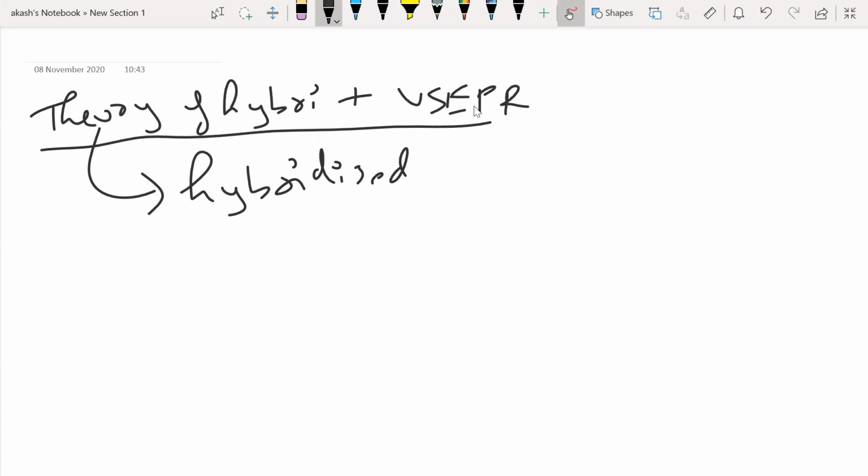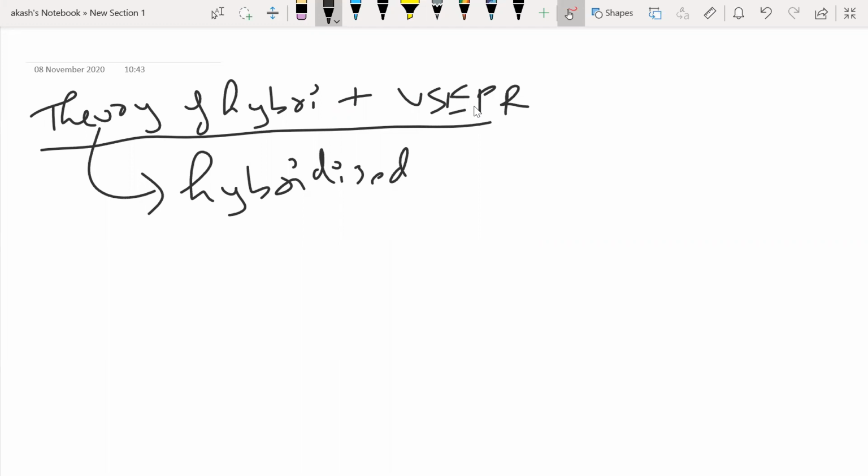Basically, these hybridized orbitals are formed when two or more atomic orbitals, pure atomic orbitals, come together, isn't it? Now, it's not like any two atomic orbitals can come together. The only condition is that the atomic orbitals which come together to form the hybridized orbital should be of almost similar energy.